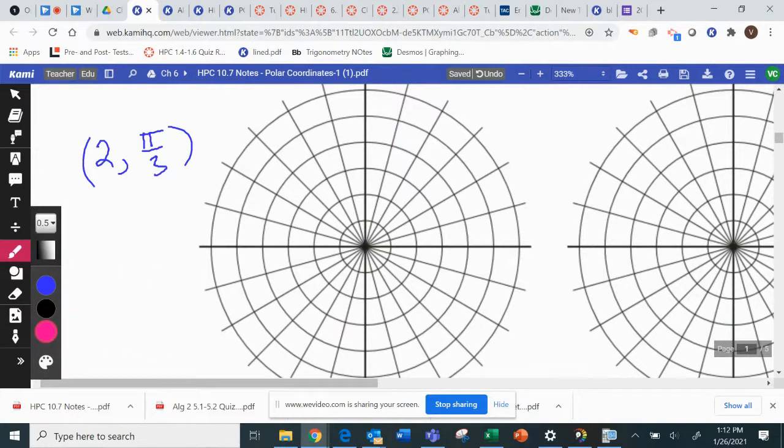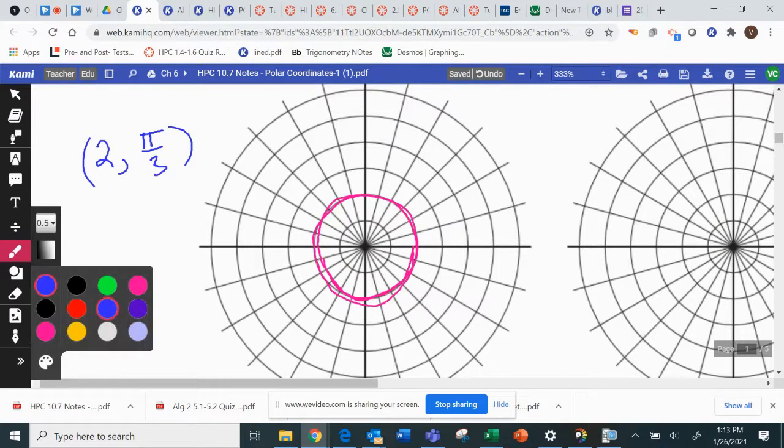Let's see, there's a bunch of circles, and I'm going to look for the circle that has a radius of 2 units. So it's got to be this circle here that's 2 units out. Okay, that circle has a radius of 2 units. Then what I'm going to look for is the pi over 3 angle, which we should be pretty good at finding angles right now.